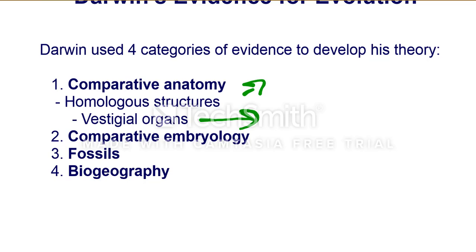We have comparative embryology. You can look at a chicken, a bird, a mouse, a turtle, a human being, and you look at the early stages of the embryonic development, and they look very similar. We even have gills early on in our development from the zygote on.